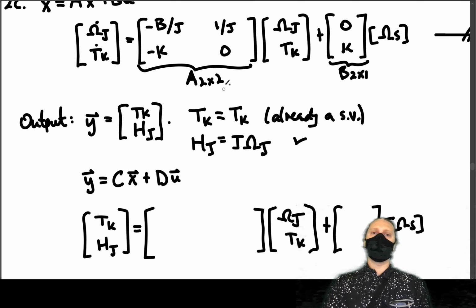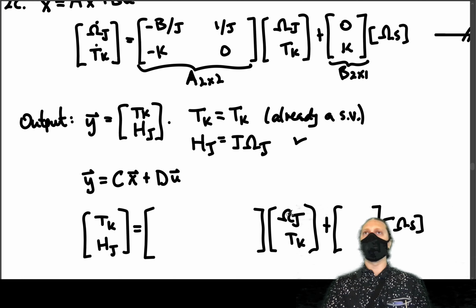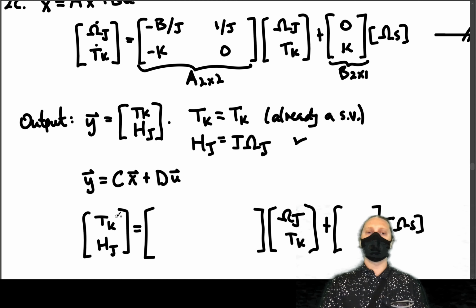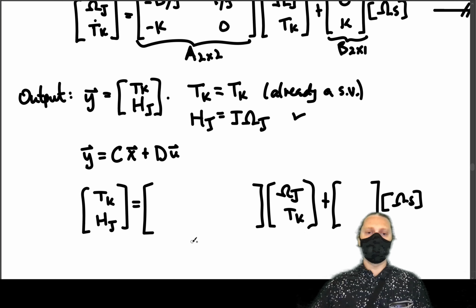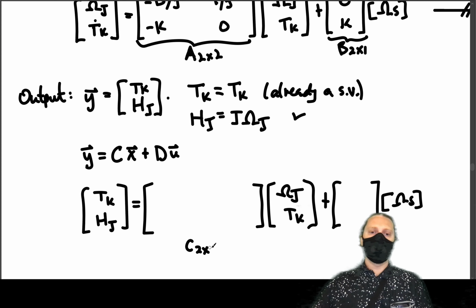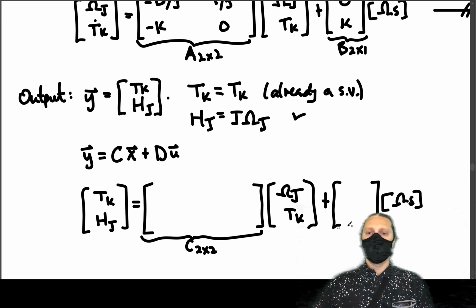They do have to share a second dimension that's equal because they both multiply the X vector, but you could have more or fewer outputs than state variables. They happen to be equal in this case. So the C matrix does happen to be a 2 by 2, but it's not always going to be a 2 by 2 when you have an A that's a 2 by 2. This is an accident, so don't read too much into it.